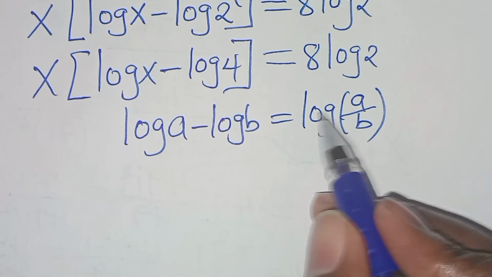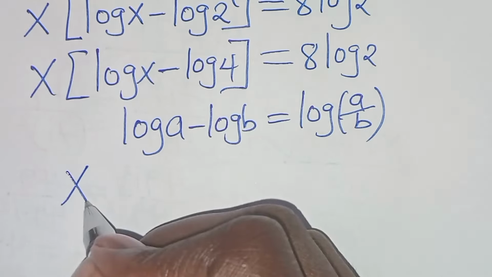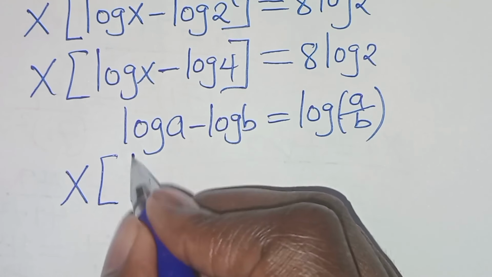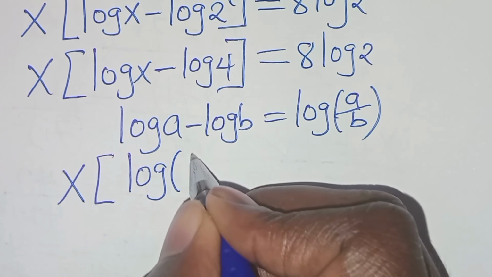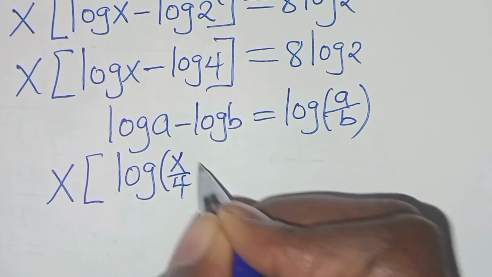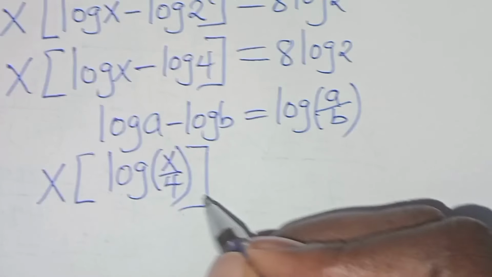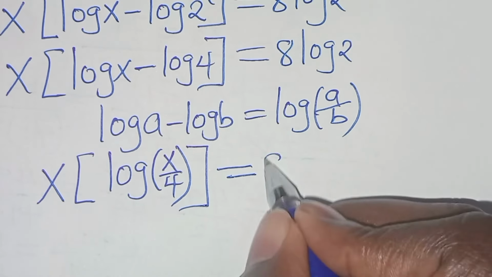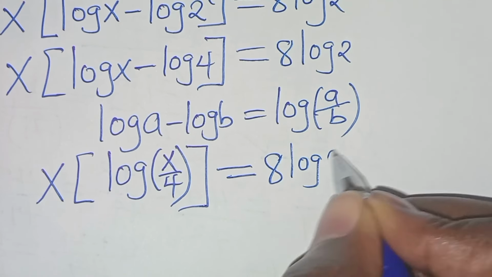Applying this logarithm property, here we have x into the parentheses: log x over 4. Close the brackets here. This is equal to 8 log 2.